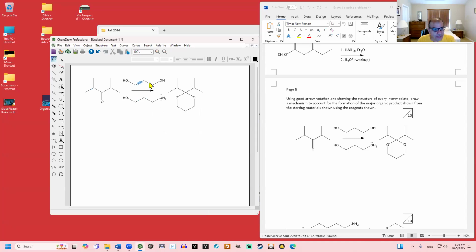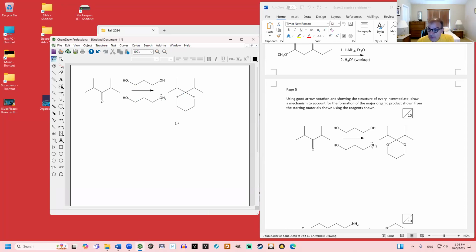If instead of this diol, we were given just an alcohol like methanol or ethanol, then we would get an acetal with two of the same alkoxy group attached. But since we have a diol, in those cases where the diol can form a 5 or 6 membered ring, you will get a cyclic acetal.